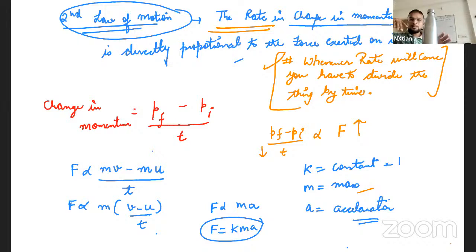It is at rest, and now if I tell it to move, it moves. This change in speed is basically called acceleration, like how much time it takes to get the speed. Understand it like this? Okay. Write it down.